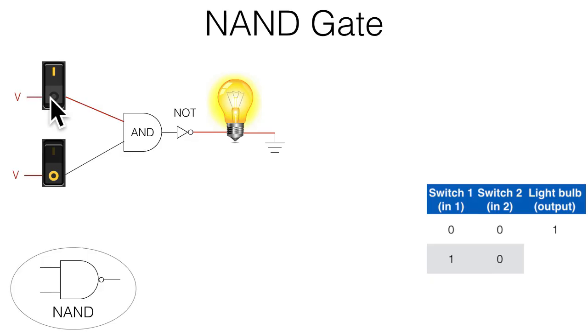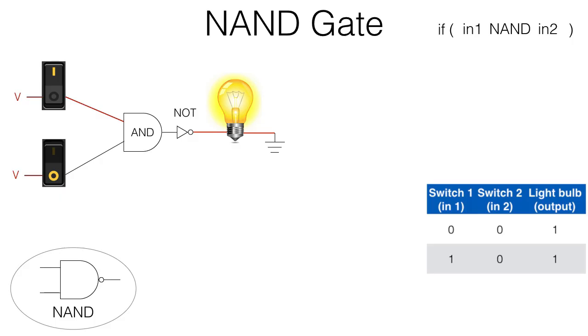Notice that with the first switch on, we have power flowing through. It comes to the AND gate. But with an AND gate, we need them both turned on, don't we? So therefore, there's nothing coming out of the AND gate. The AND gate output is false. So therefore, the NOT flips it. It gives us the opposite state. It inverts it. So now the light is on.